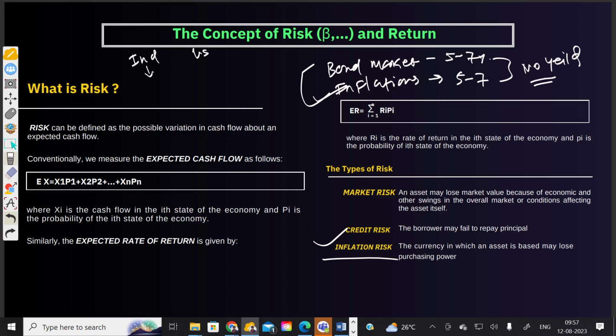Let's say India has 7% inflation, and US has again 7% inflation. If you invest in India, you can make 15% return, and if you invest in US, you can make only 7% return.